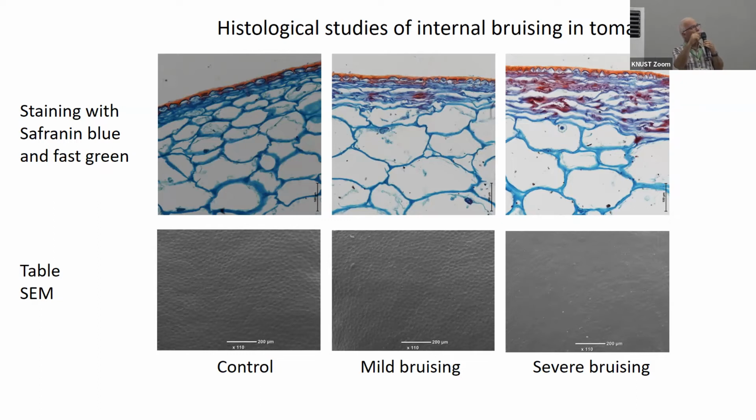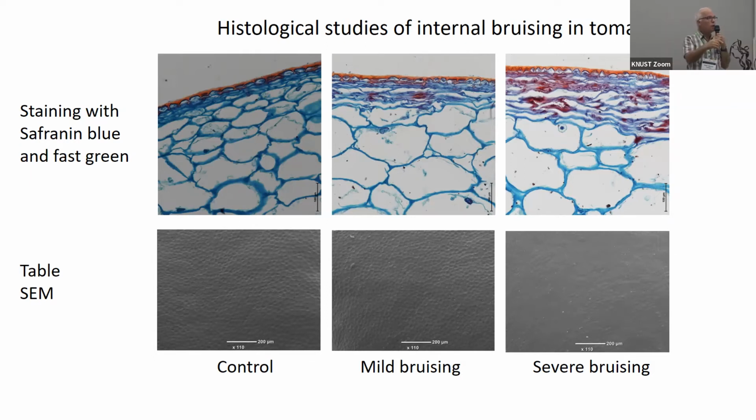And when you do severe bruising, you can see the cells under the skin are accumulating much more of this coloring, and that's a sign of damage to the skin, to the cells under the skin.